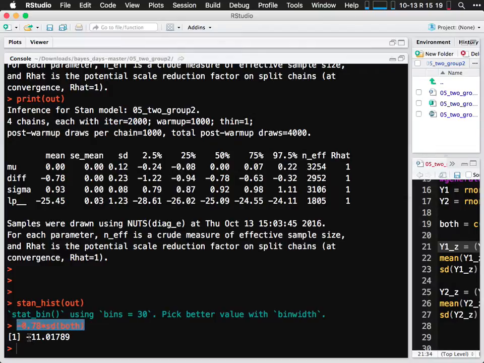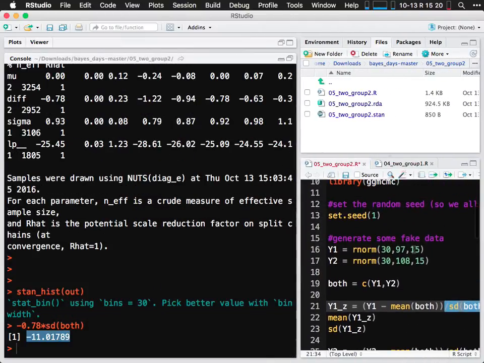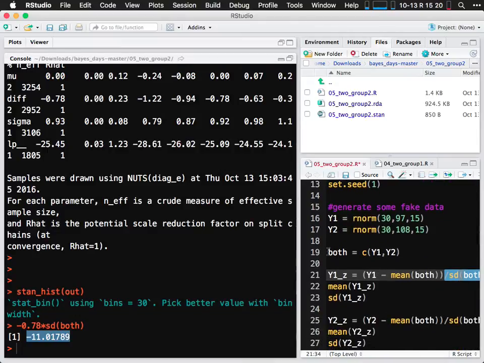So the 0.78 is the value when you divide y1 by y2? It's the distance between the means of y1 and y2 divided by the amount of variability in the data set overall. Remember, that's how we did the original standardization. We said, here's both groups overall.